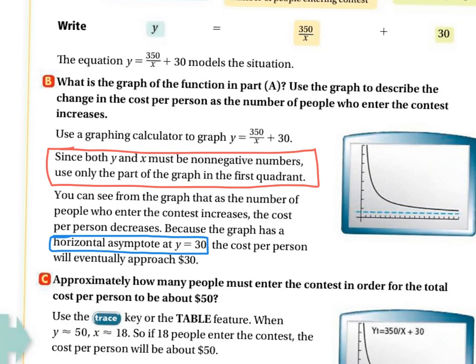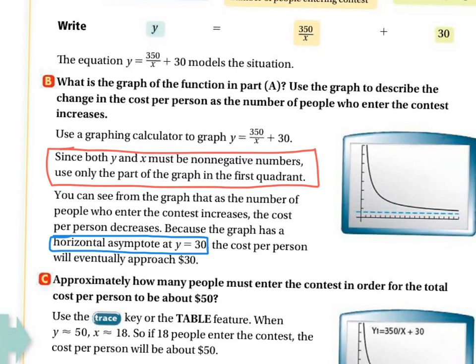It's going to get close. The more people we have, the closer it gets to just $30 a person, but it's always going to be more than that because they're splitting up that $350. If there were 350 people, that'd be a lot, but 350 divided by 350 is 1, plus 30, that'd be $31 per person. The further away from that we get, the more it's going to cost per person.